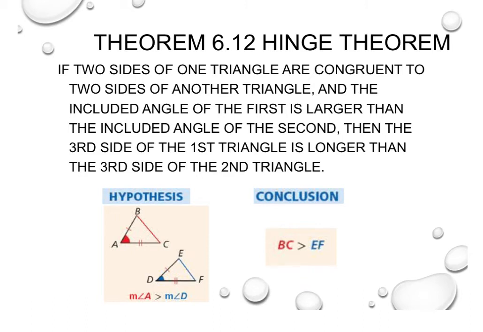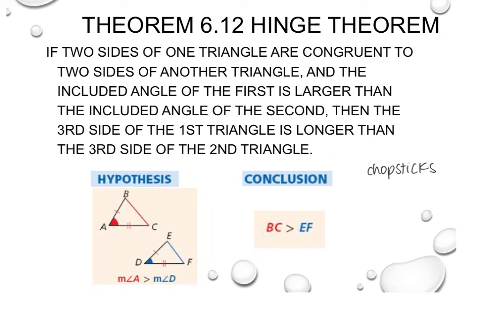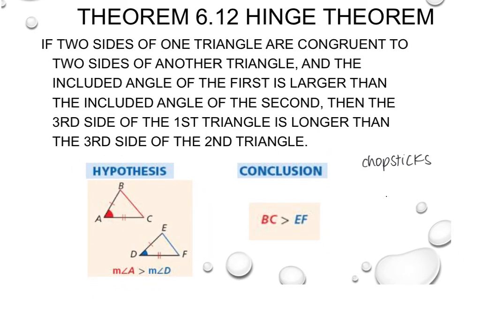Okay, how I remember the Hinge theorem, guys, is I think of chopsticks, okay? I want you guys to write this down. So if we got chopsticks, draw like a small pile of rice, or like, yeah, I'm a terrible artist, but if you can draw better rice, draw a small pile of rice, and then a bigger pile of rice, okay?